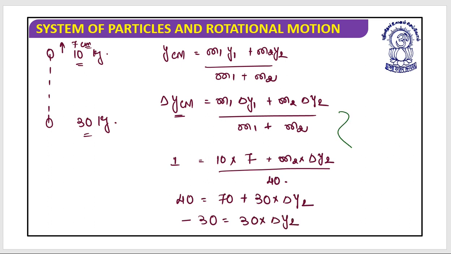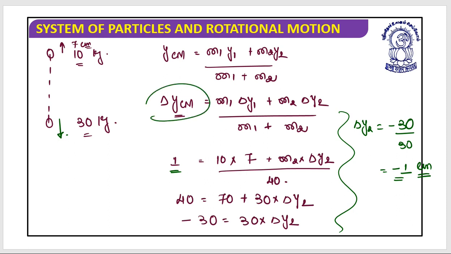If I solve this, delta y2 should be equal to minus 30 divided by 30, that is minus 1 centimeter. While I am writing it as minus, I must understand that this should be shifted in the negative y direction, so that your center of mass can be shifted by 1 centimeter.